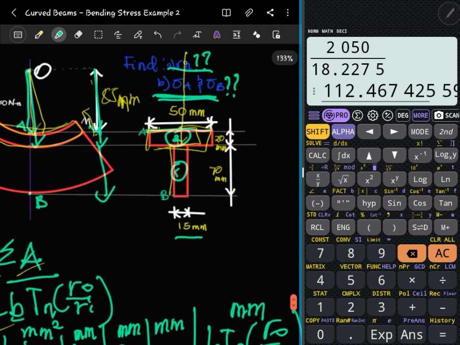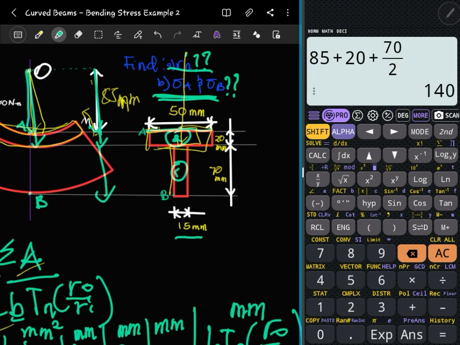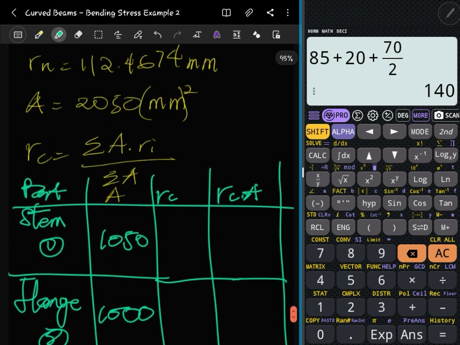From the center of curvature, we move completely across the flange, which is 85 plus the 20, that's 105, plus half of the 70. So that's 85 plus 20 plus half of the 70, and that gives us 140 for the stem.